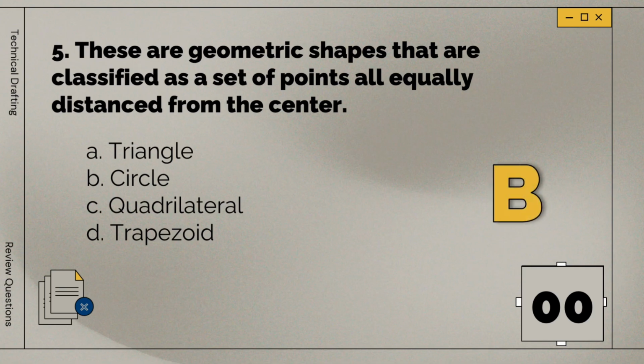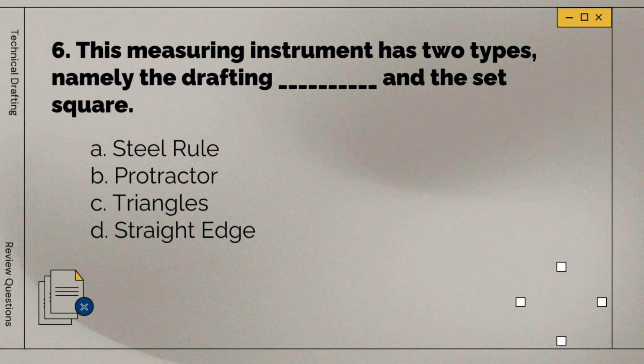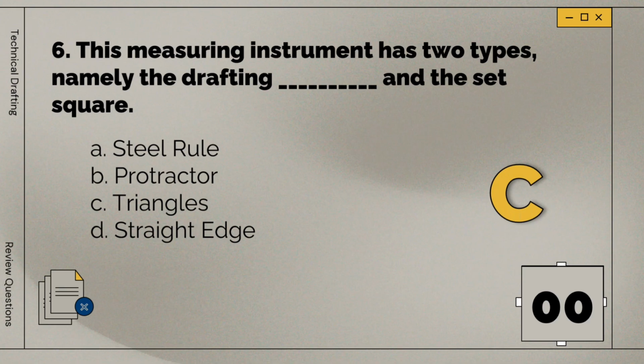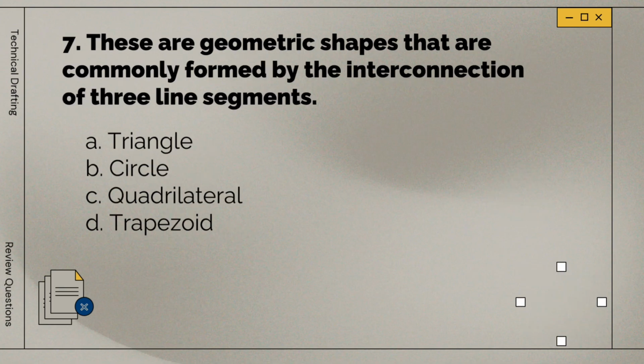Circle. Number 6. This measuring instrument has 2 types, namely the drafting blank and the set square. The correct answer is letter C. Drafting triangles.